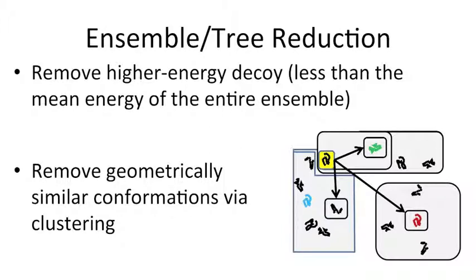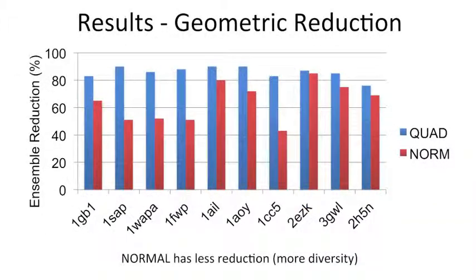One goal of these heuristics is to sample a more diverse collection of low-energy conformations. To evaluate the different schemes, we first remove higher energy conformations from the tree. Next, we perform clustering to remove proteins which are very geometrically similar to one another. To evaluate the effectiveness of different heuristics to sample a more diverse ensemble of low-energy conformations, we inspect the reduction achieved by the clustering algorithm.